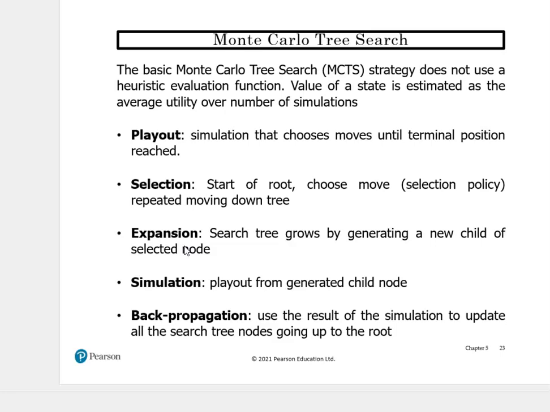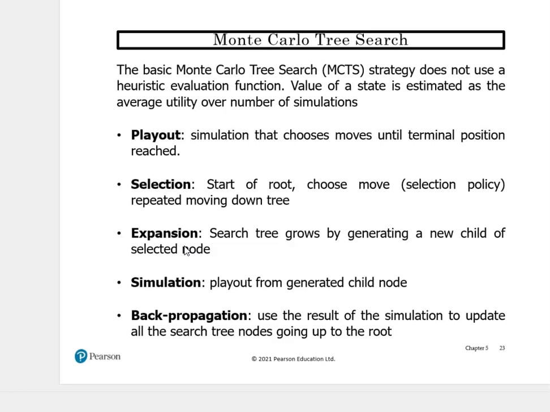So a simulation, which some books call rollout or playout, chooses moves first for one player, then for another player, repeating until we reach a terminal state. At that point, the values of the game determine who has won or lost. So we don't cut the game early.